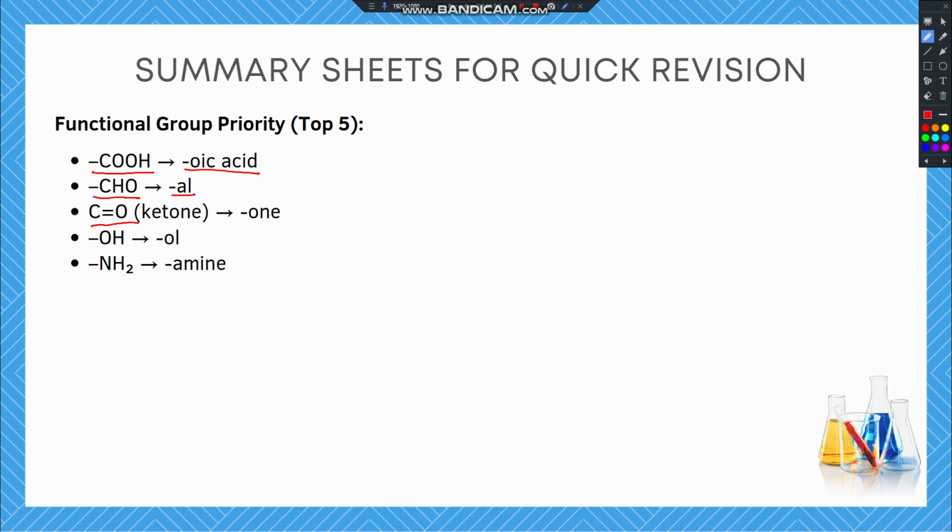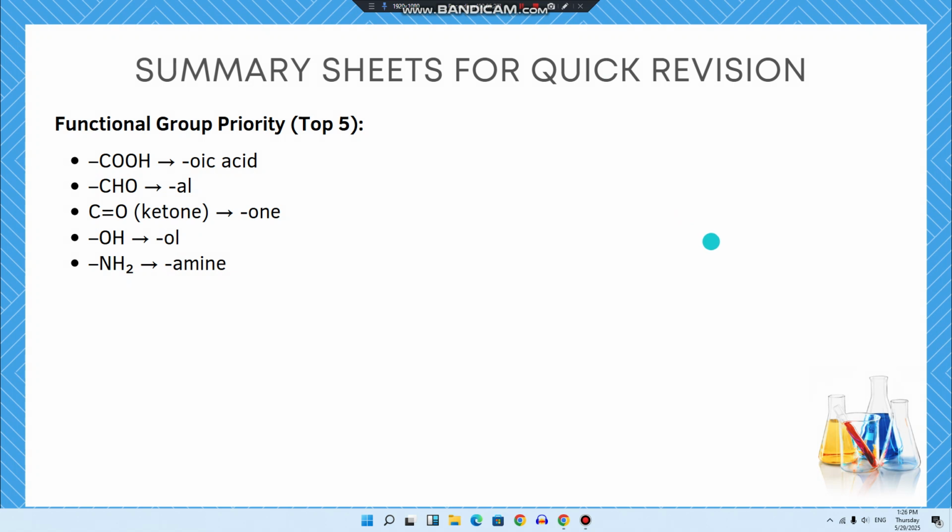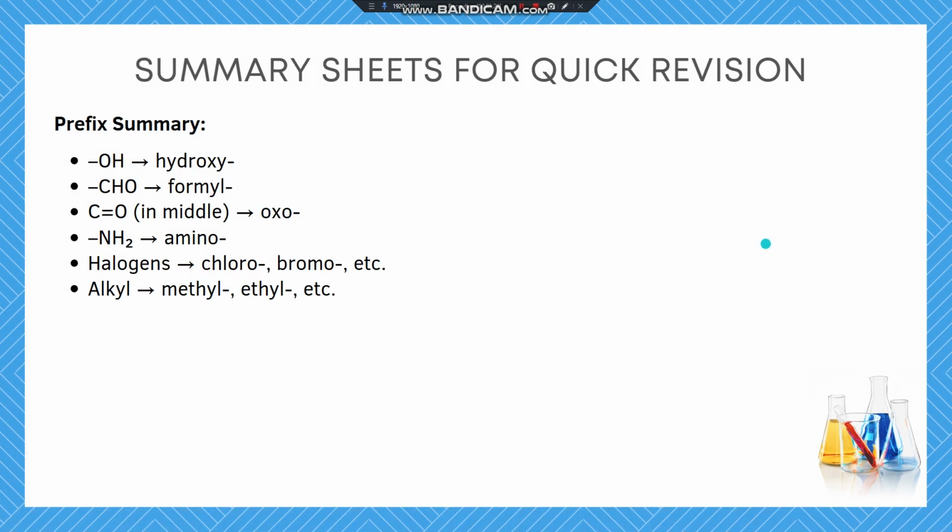The third one is the ketone functional group. The suffix is -one. And we have the hydroxy functional group or alcohol functional group. The suffix is ol. And then we have the amine functional group. The suffix is amine. When they are the main functional groups in compounds, that is the suffix that you use.